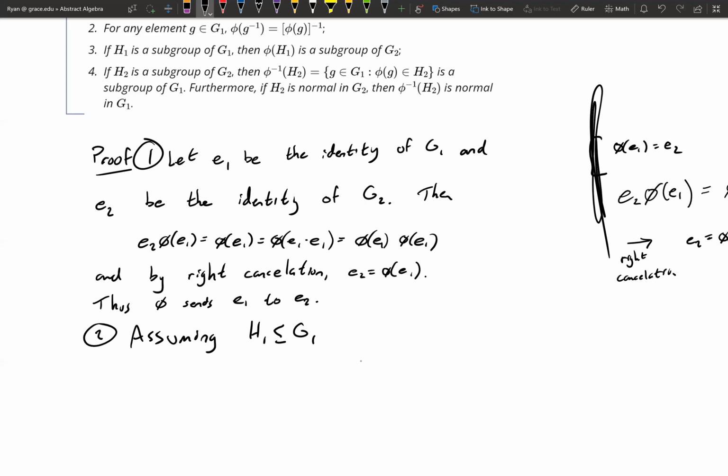So here, I am assuming I've got group stuff, so I've got inverses to work with. I can just go for it. So I'll let X and Y be elements of phi of H1.